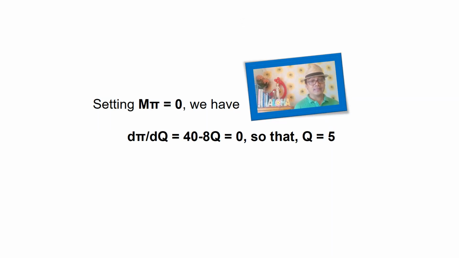Traditionally, we set marginal profit equal to 0. So we have the first derivative of the profit function with respect to q equal to 40 minus 8q equal to 0, so that q equals 5. This value is infeasible. That is, it violates the contract constraint.